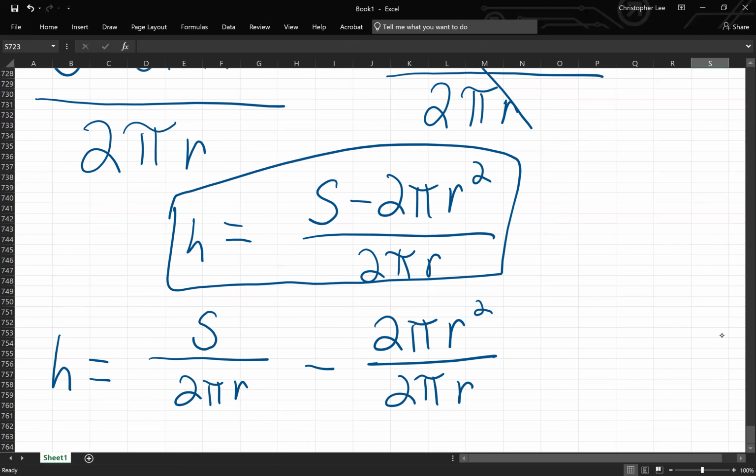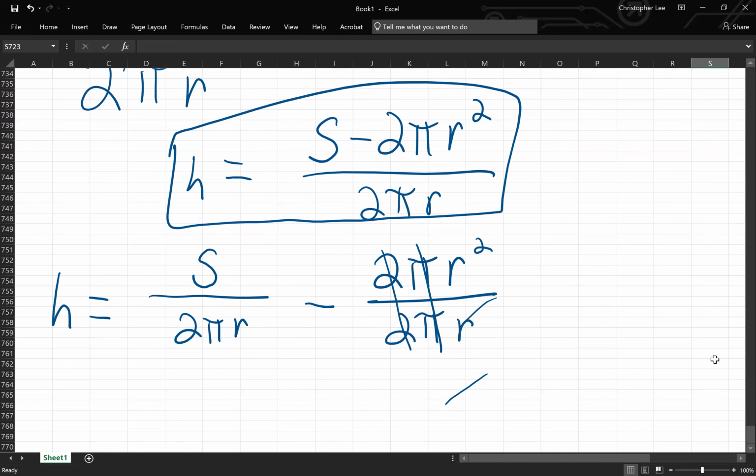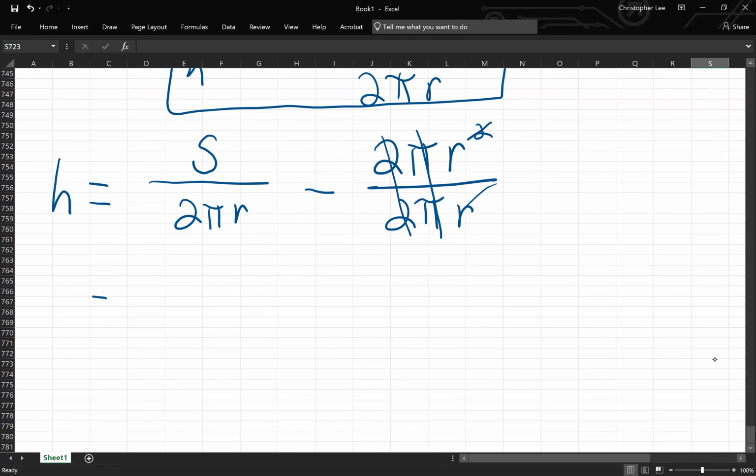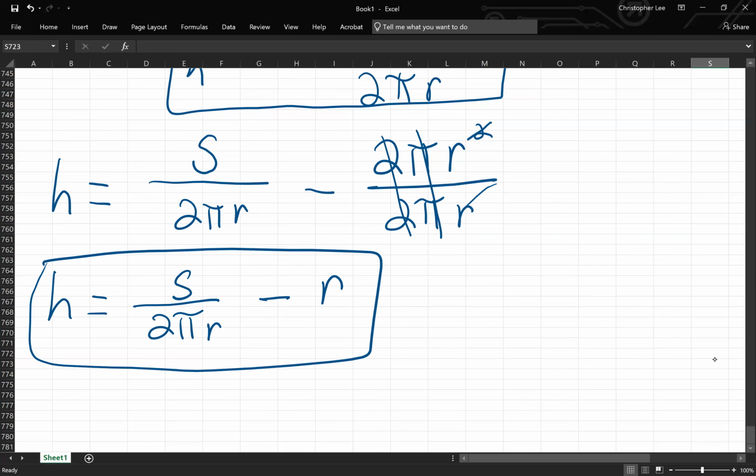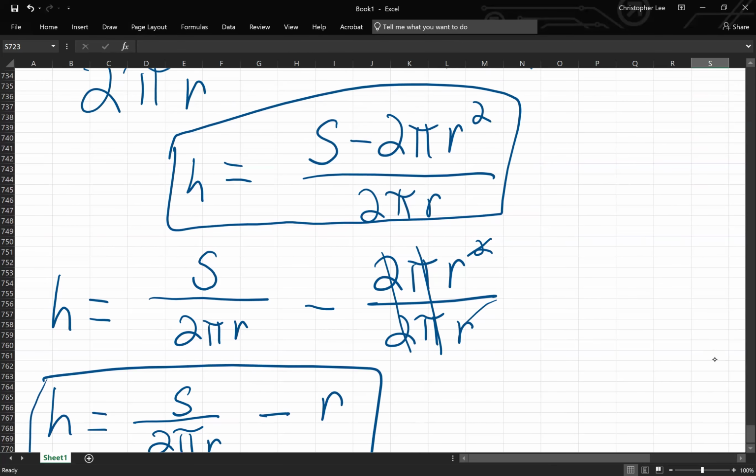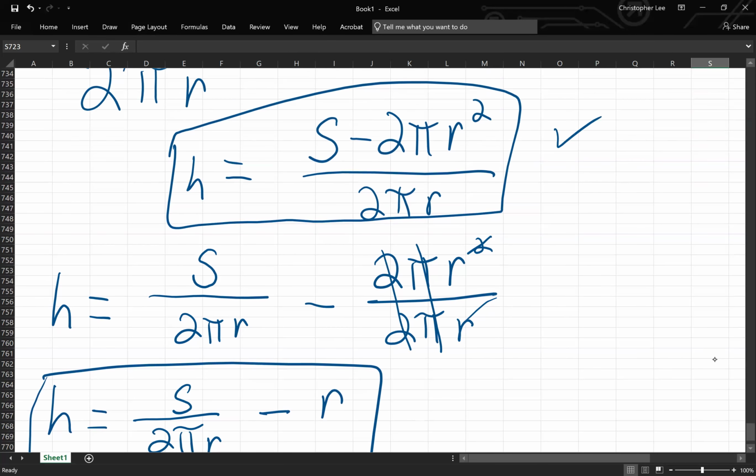Technically speaking, on this side, I could cancel the 2's, I could cancel the pi's, I can cancel one of the r's, and then get a final answer of s over 2 pi r minus r. This is another way if I wanted to go even further to solve it. But I would have been good with this answer right here.